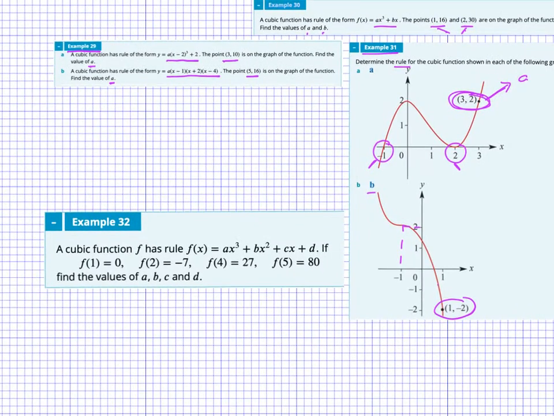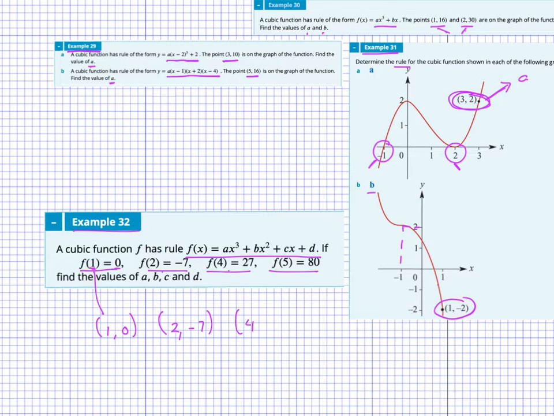Then example 32 is different. All right, it gives you a rule. It gives you 4 points, and if you're not skilled at reading what these points are, I'd suggest you practice. So this point here is (1, 0), because that's the input and the output. The next point is (2, -7).